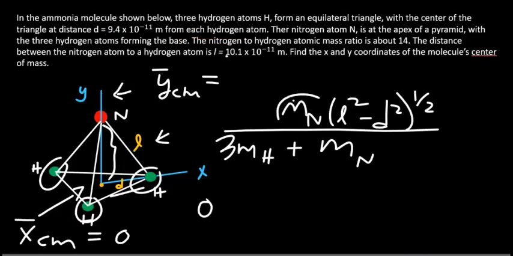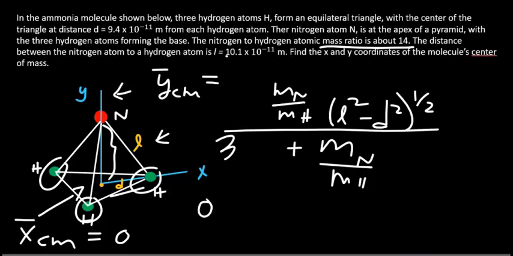We don't know the individual masses, but we are given the ratio of the nitrogen mass to the hydrogen mass, and that is about 14. So let's divide up and down by the mass of hydrogen. So this term will become the mass of nitrogen over mass of hydrogen. This term becomes 1, and likewise this would be Mn over Mh.